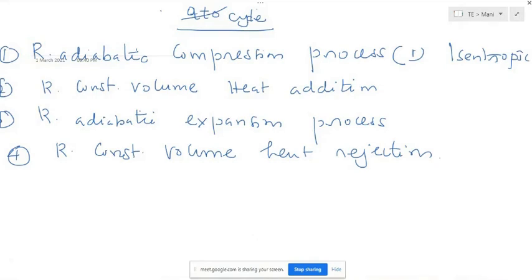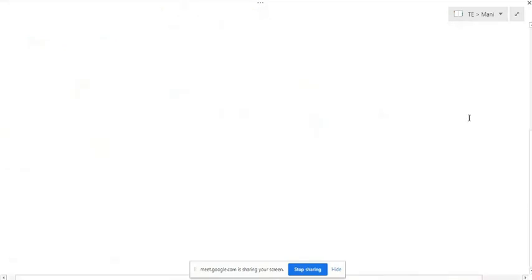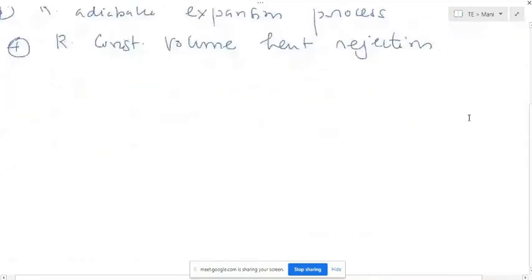Okay, so now we will plot the PV diagram of an OTTO cycle, right?